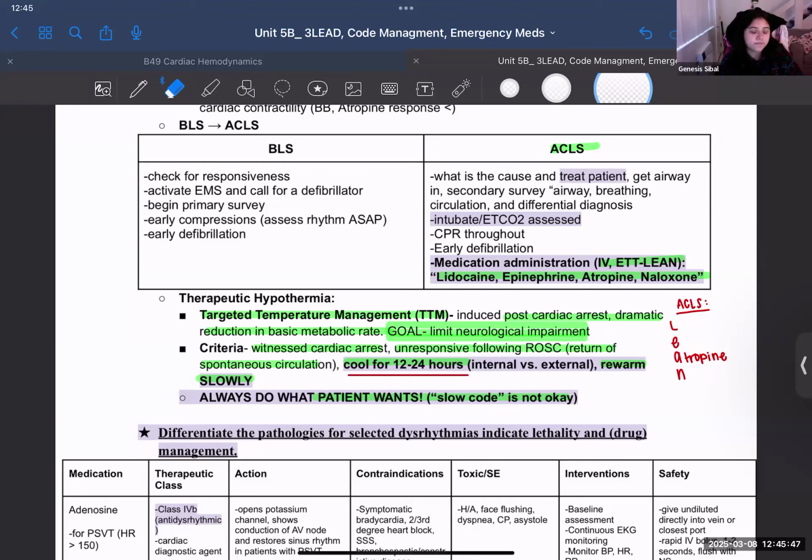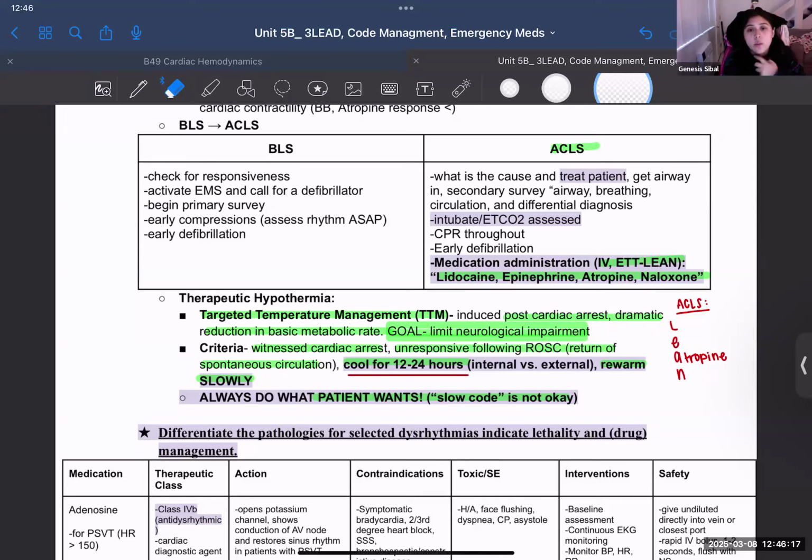But in terms of this information, BLS is what you guys do now: compressions, giving those breaths, responsiveness. ACLS does include that, but now you have more things added to that. You can also give medications. You can't intubate, but you prepare the patient to be intubated by the provider. You look at end tidal CO2. And you look more at what the causes are, which again, we talked about the H's and T's.